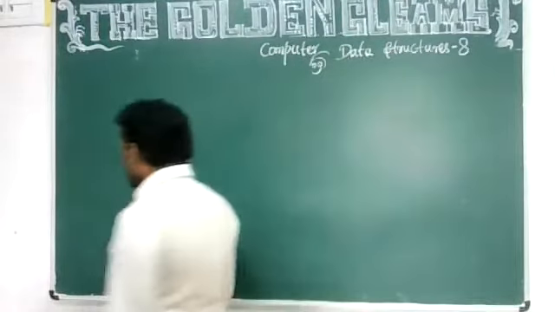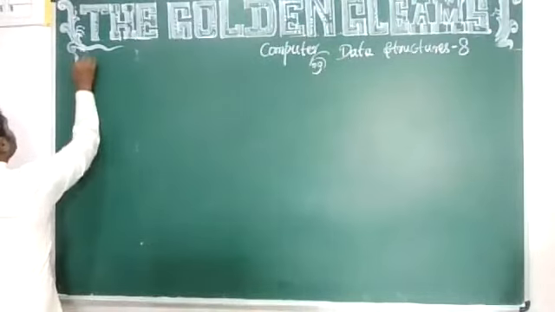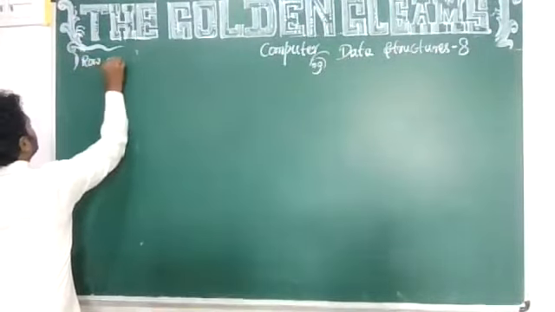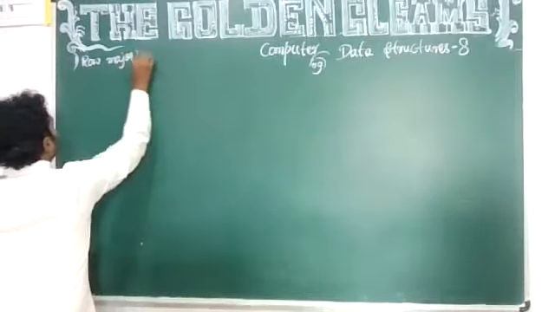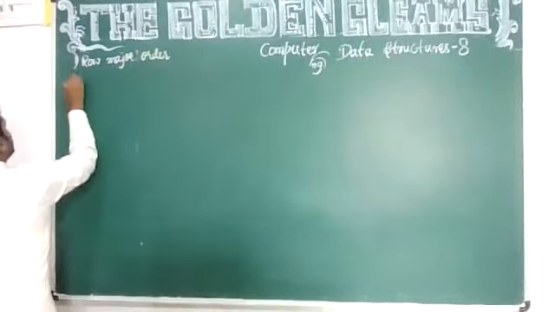Point number one, row major order. Point number two, column major order.